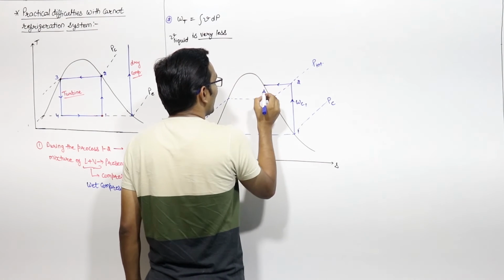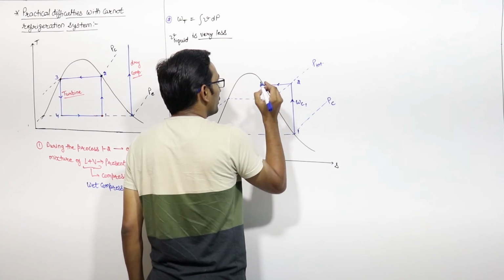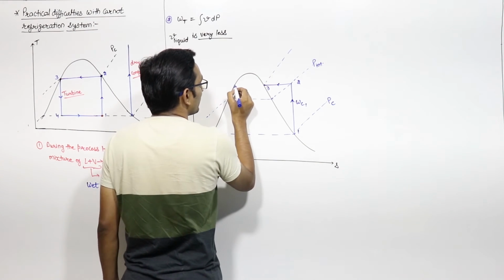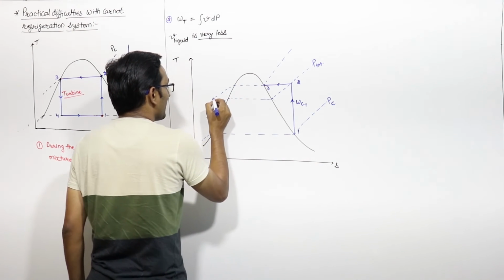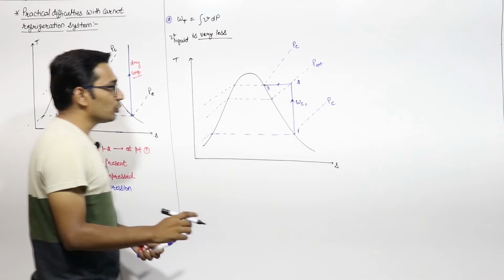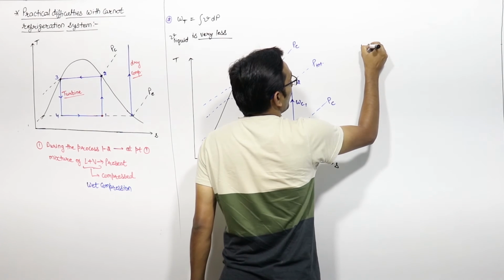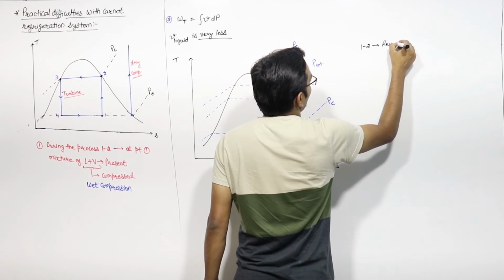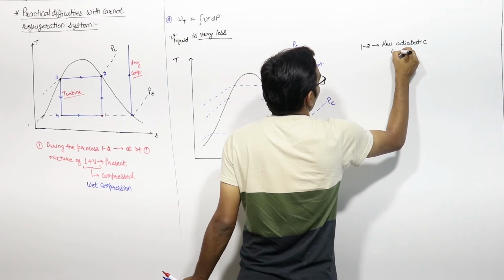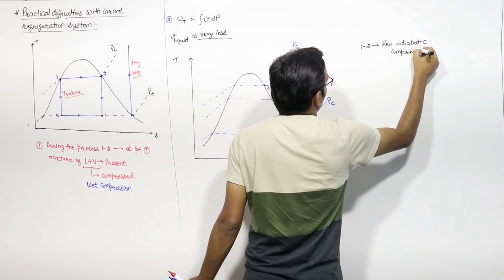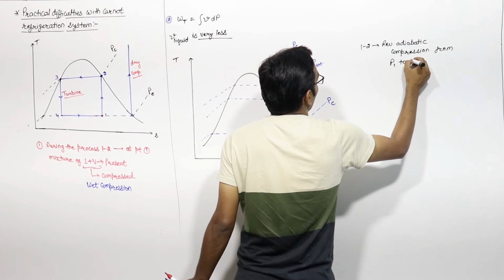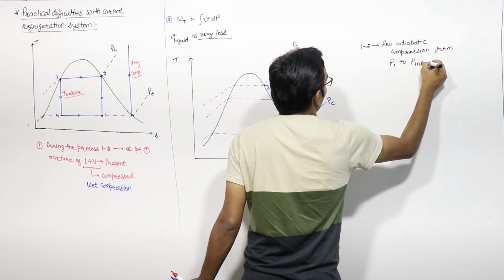This is the second compressor, from point 2 to 3. The pressure corresponding to this is PC. So process 1 to 2 is reversible adiabatic compression from pressure P1 to the intermediate pressure.